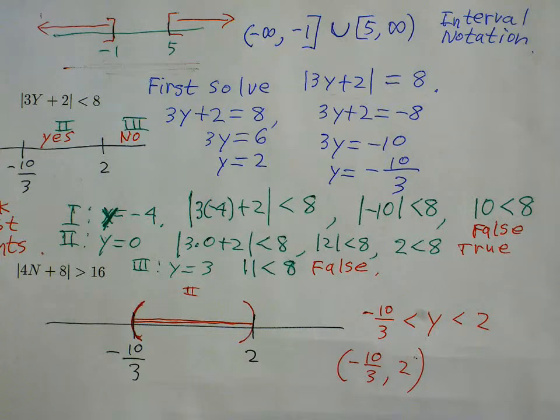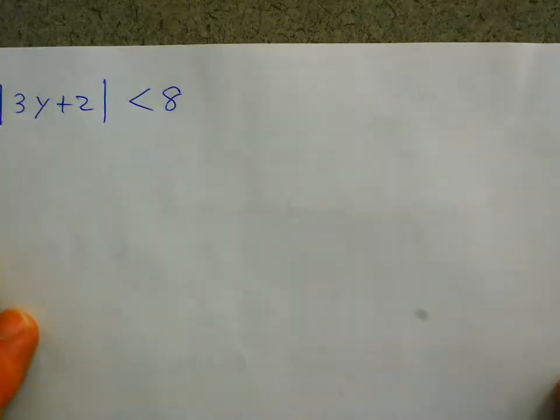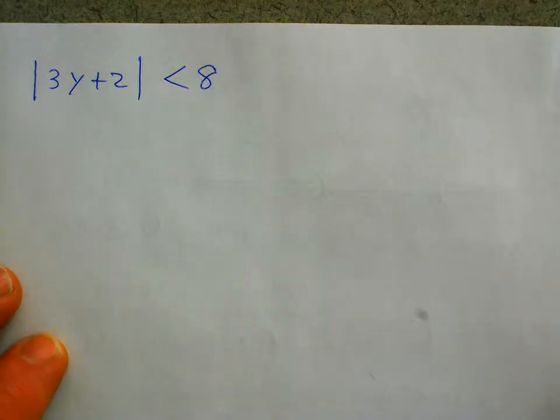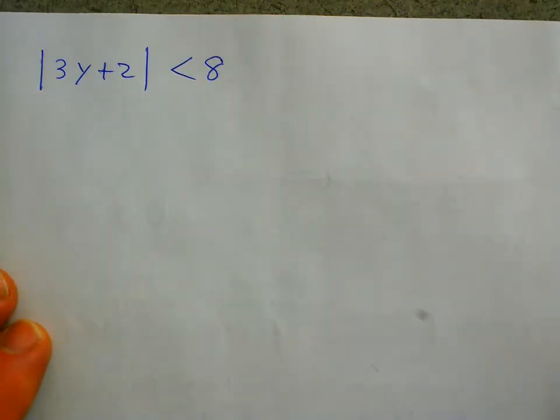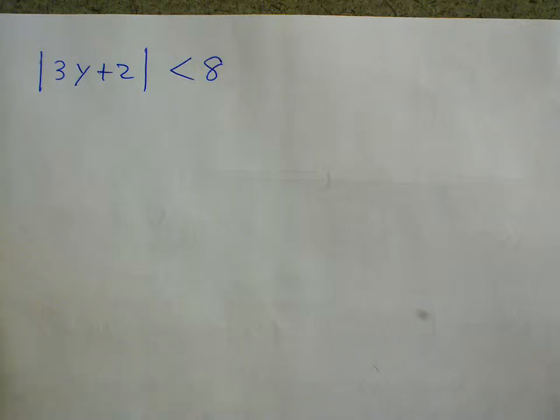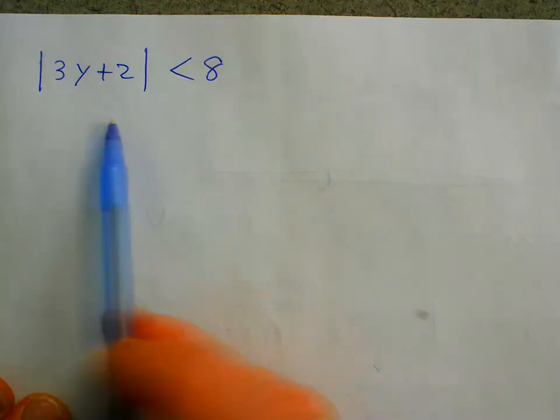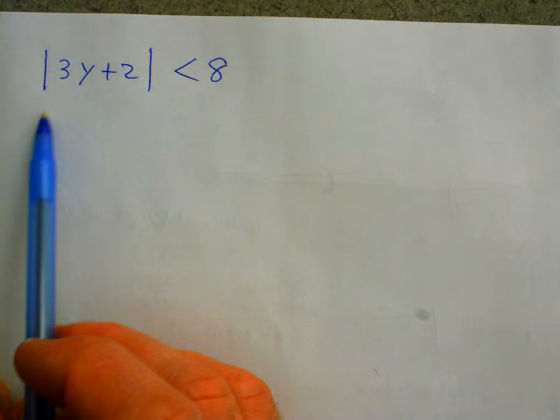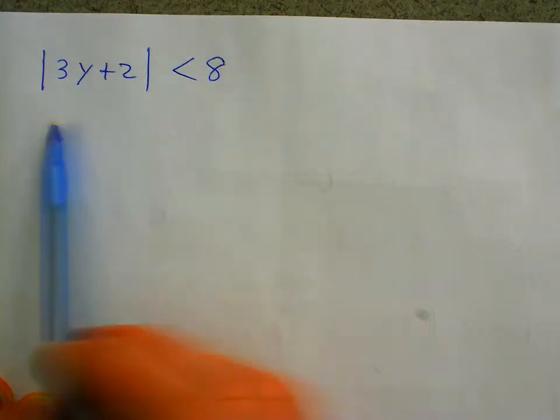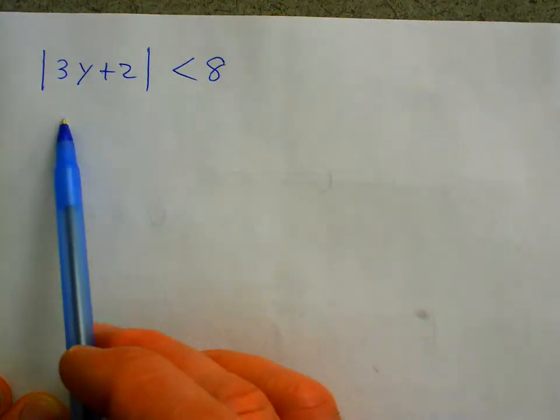Okay, I want to write the same inequality that we just solved using that method. Okay, this is the same inequality that we just solved using the test point method. And the test point method is a perfectly fine method, but I think it's probably more efficient if you just think about what this is telling us.